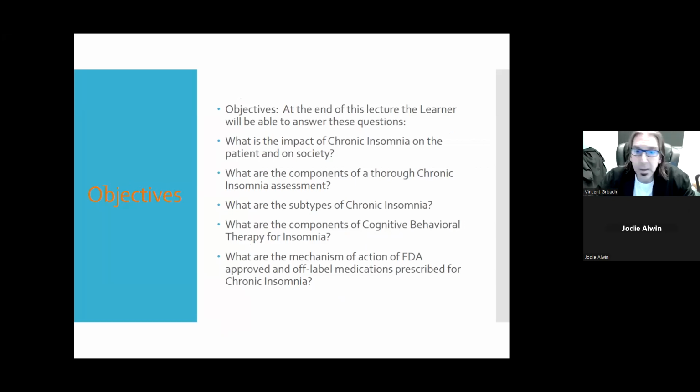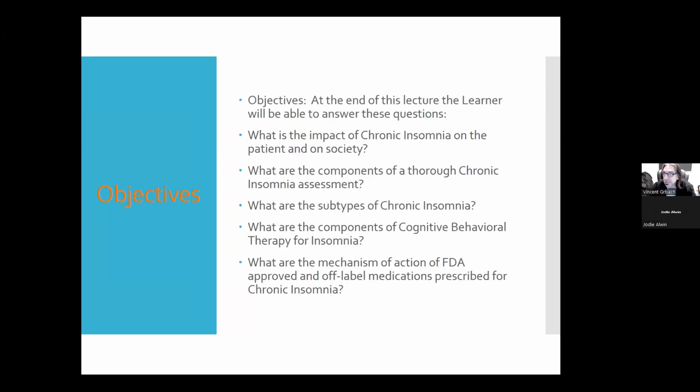All right. So these were the course objectives that you were provided with prior to registering for the course. I'm not going to read through everything, but I do want to talk somewhat about the impact of insomnia on society.